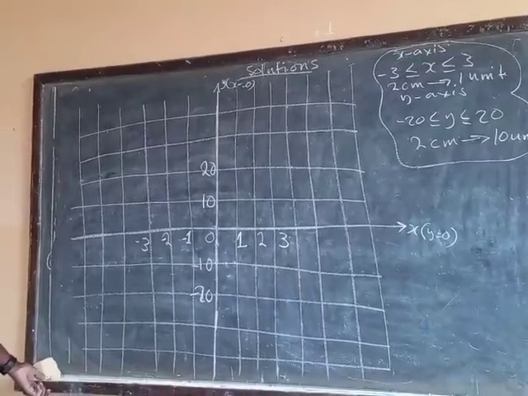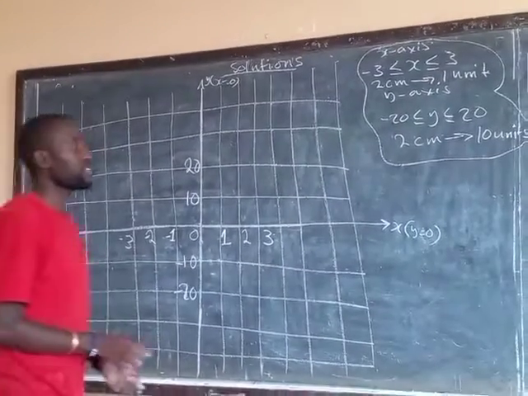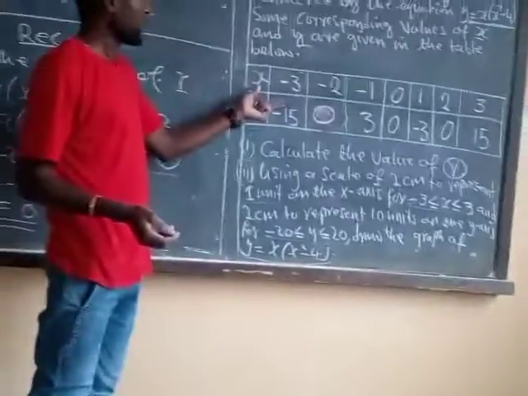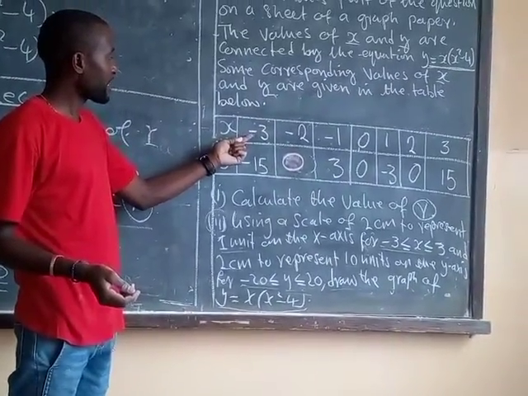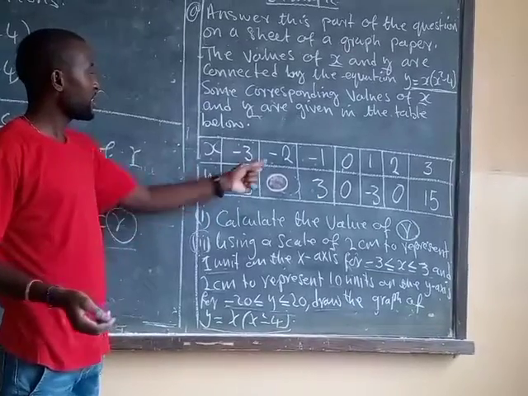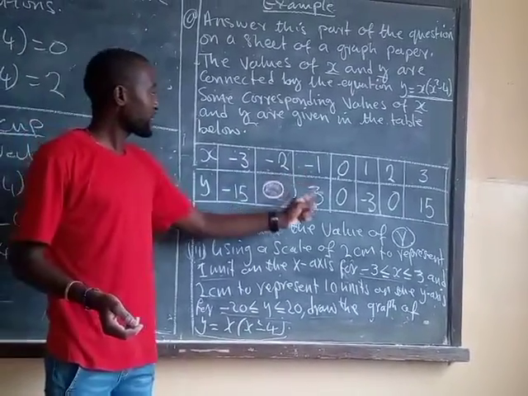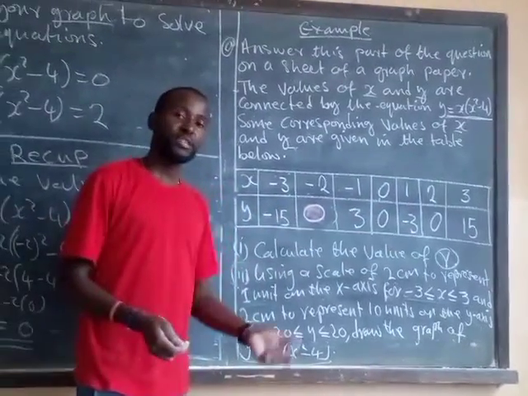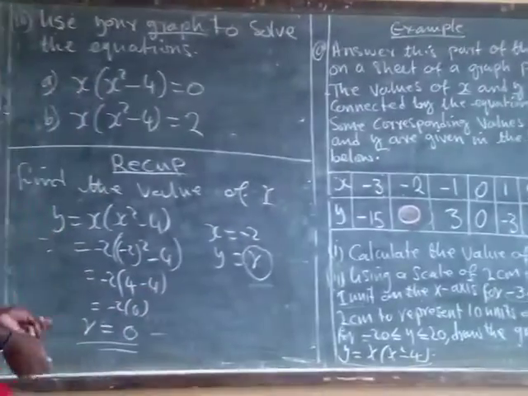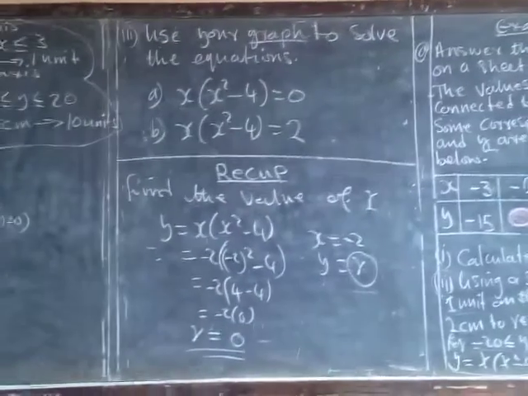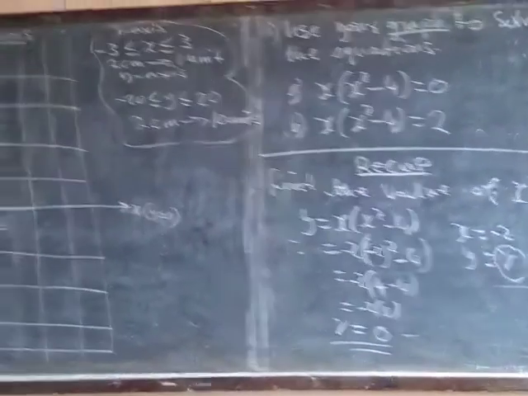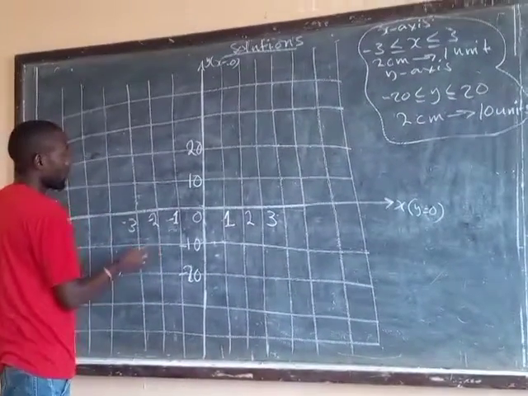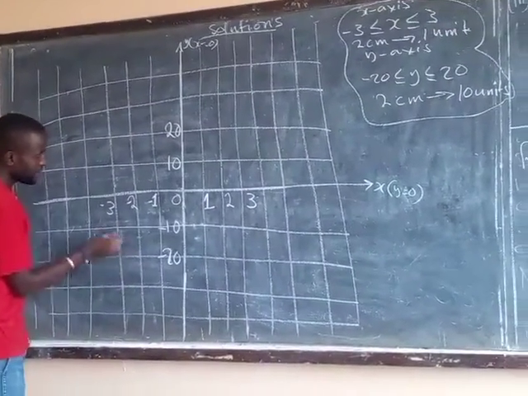Then now, all you need to do is to draw the graph by using the coordinates. These coordinates which are here are the ones that we're going to use: (-3, -15), (-2, 0), (-1, 3), (0, 0), and so on until the end. So we'll start with -3 on my x-axis, and -15.